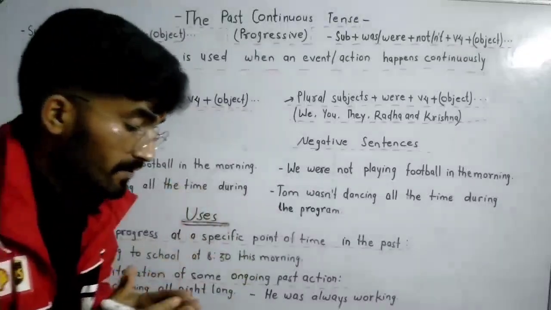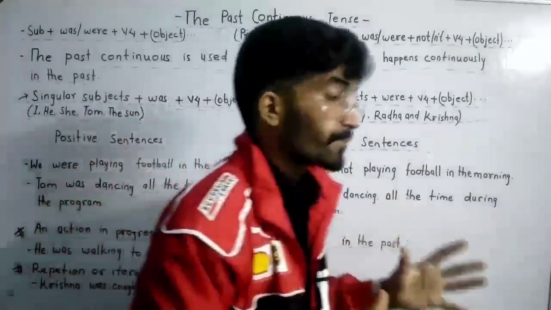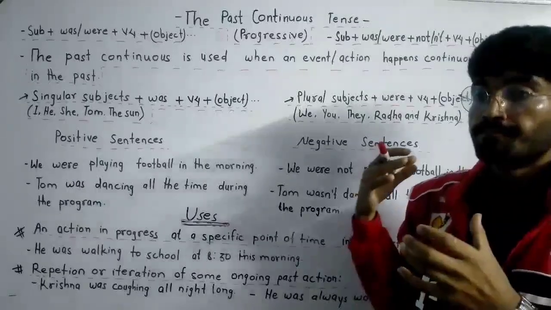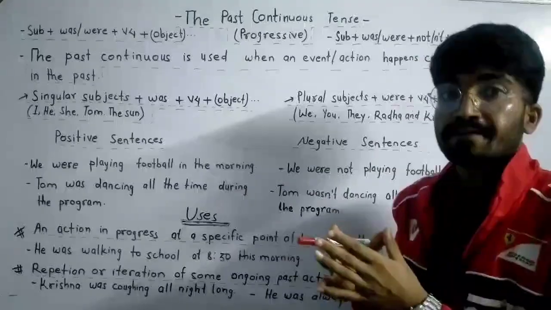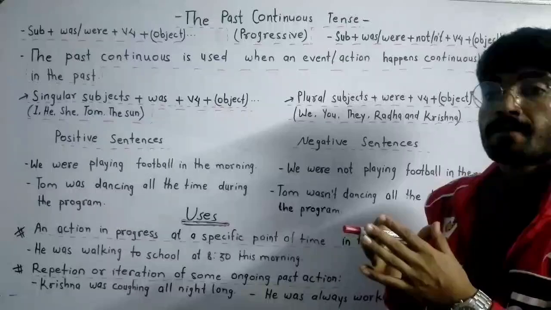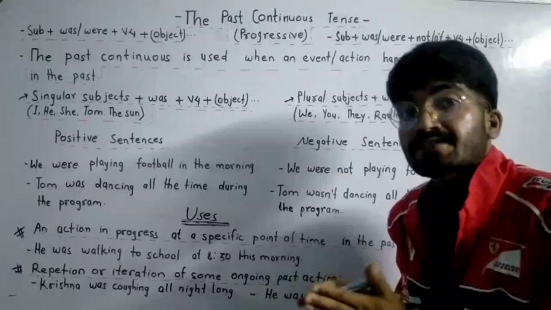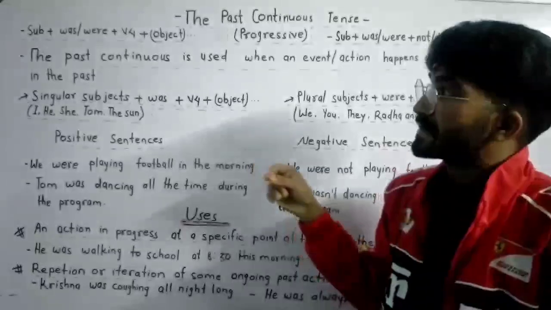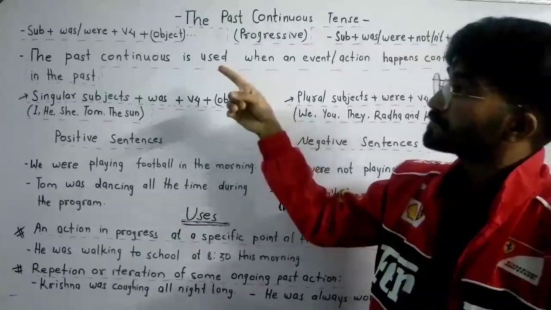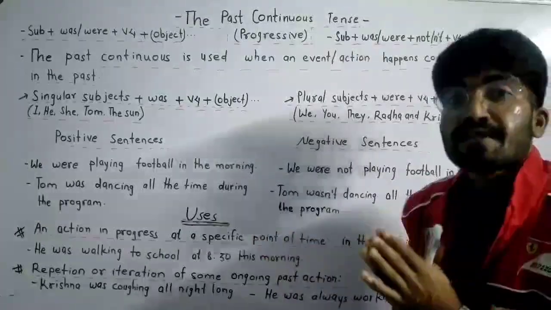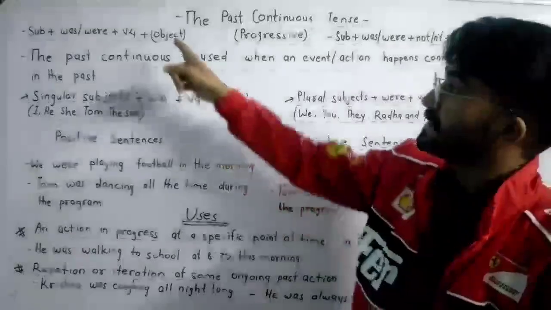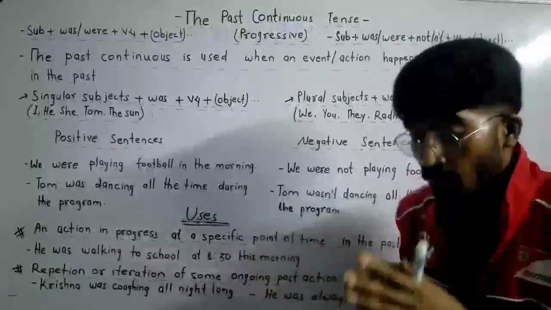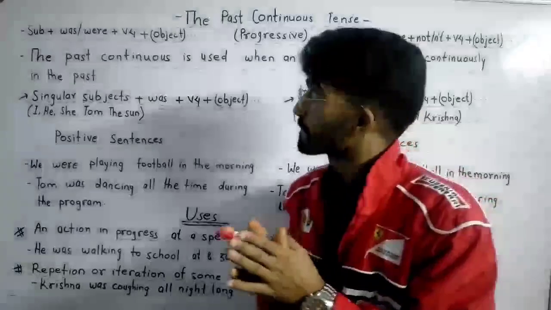The verb form is also called the present participle, as we say the verb 3 is also called the past participle. We say the verb 4, or the verb 4, the present participle. And then we use object and then blah blah blah. It means other words might be there.